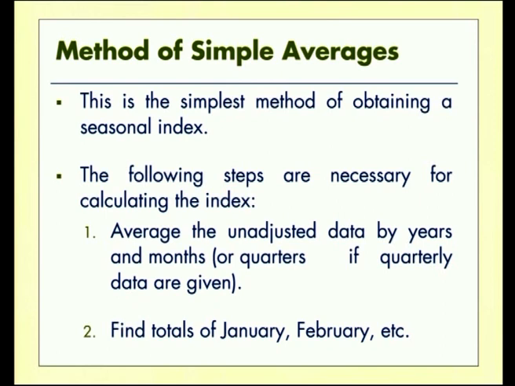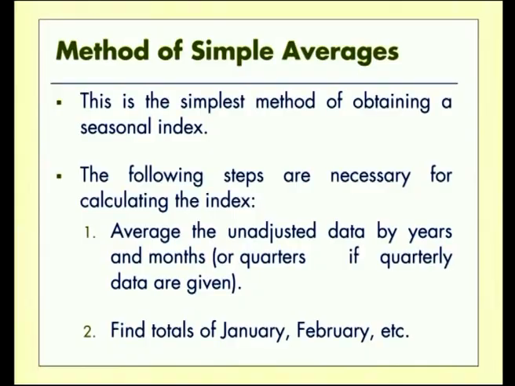Average the unadjusted data by years and months, or quarters if quarterly data are given. So, first of all, you have to adjust the data if it is not adjusted in the given case. Then find totals of each quarter. For example, if it is expressed in terms of months, then find totals of January, February, March, April, like that.